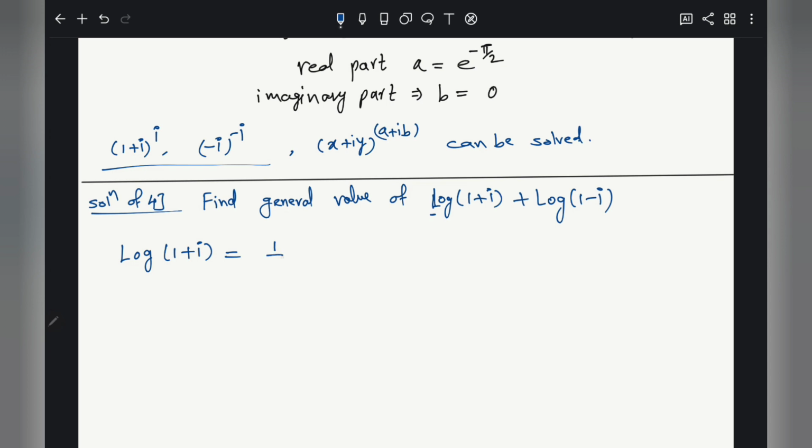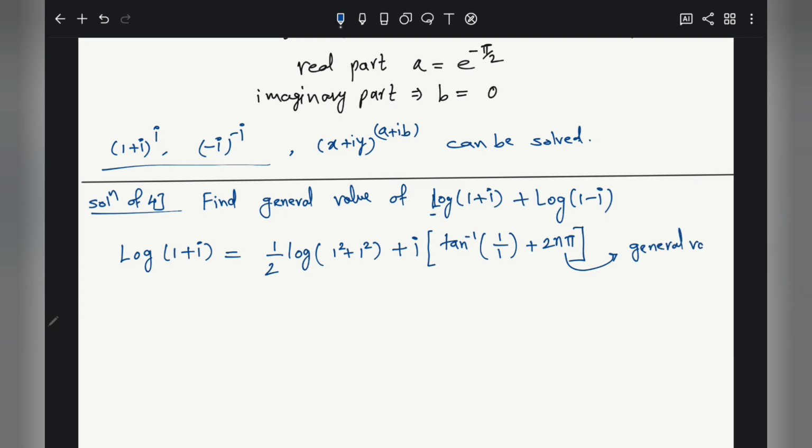So we will start with half log of x square plus y square, that is 1 square plus 1 square. Here x is 1, y is also 1, plus i tan inverse of 1 by 1 plus 2n pi. You have to add 2n pi because it is the general value of theta, and hence the general value of log.